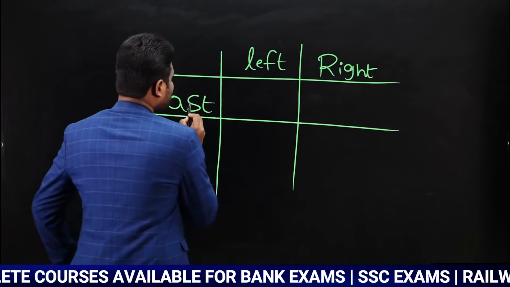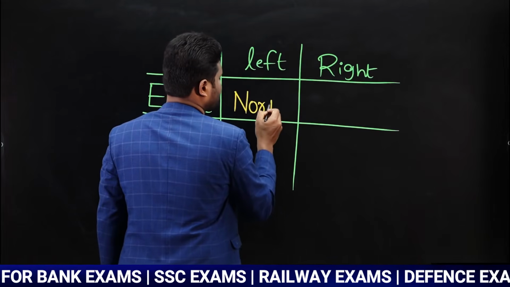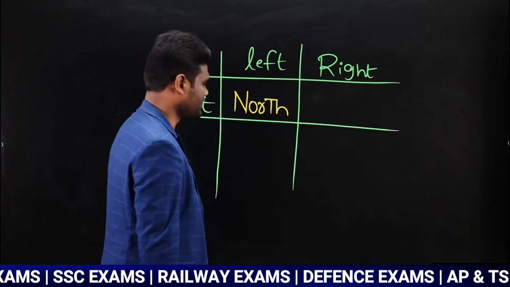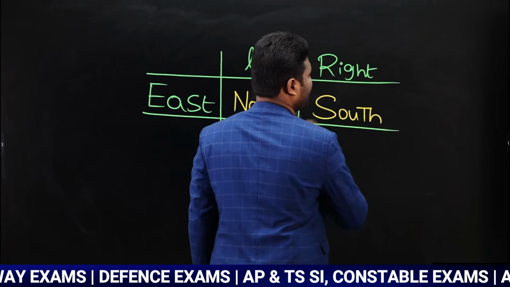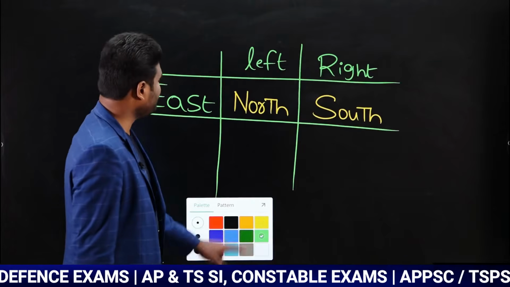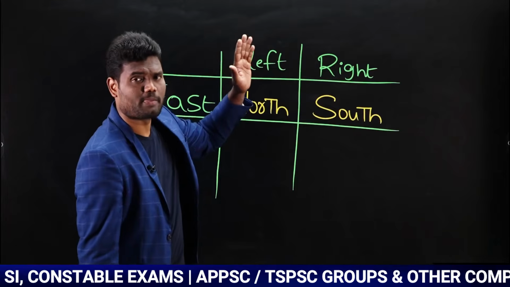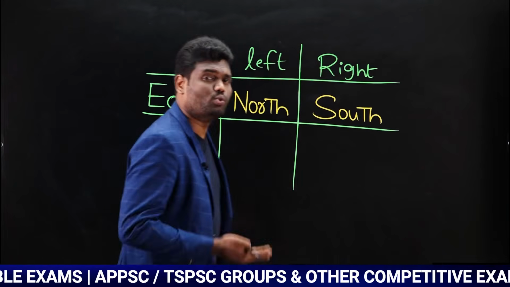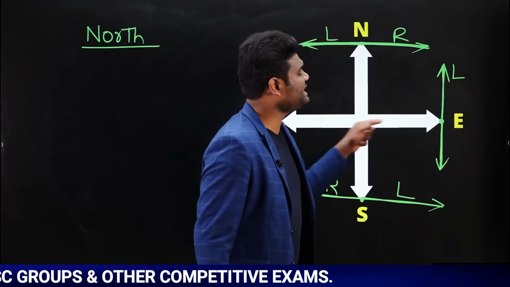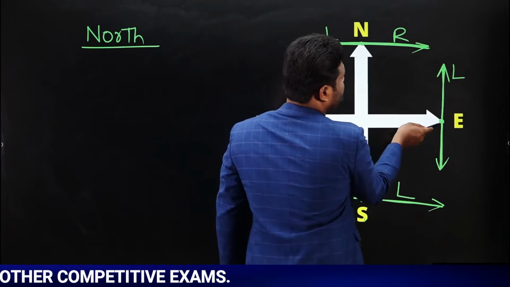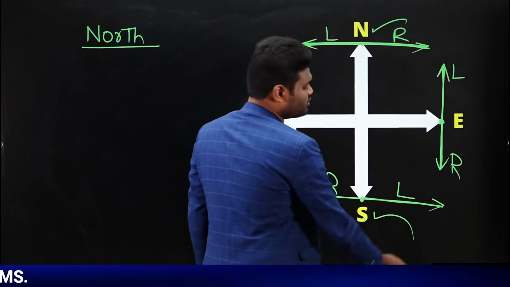Write the same. When the person is traveling towards east direction, left of the person is towards north direction. Right of the person is towards south direction. That is what we have learned. When the person is traveling towards east direction, if they say left, then you'll move towards north direction. And if they say right, then you'll move towards south direction. Okay. Observe here. Left is nothing but towards north direction. Yes or no? Right is nothing but towards south direction.